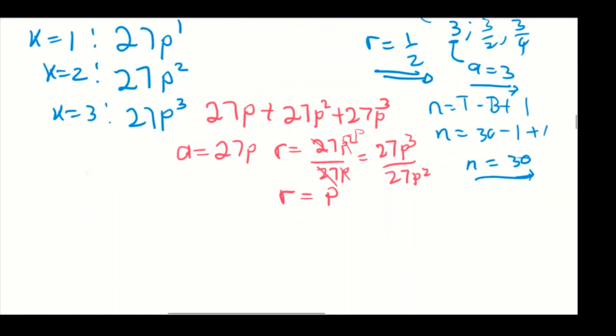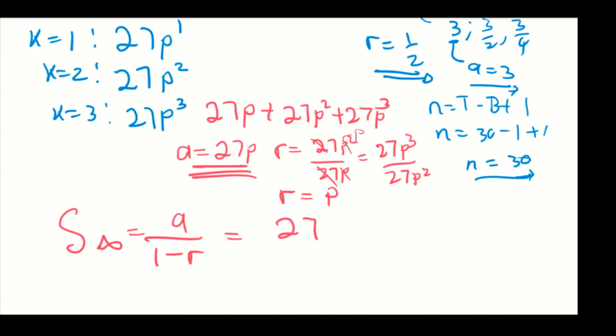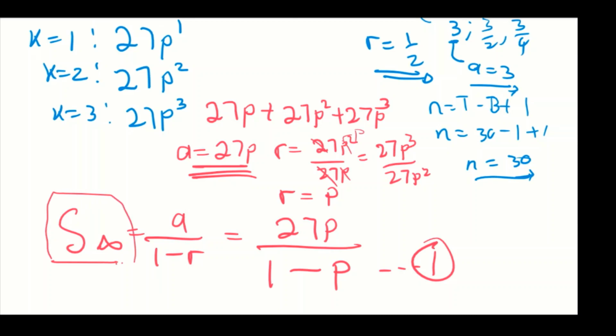So now to find the sum to infinity, which is equal to a over 1 minus r, our a value is 27p, so it's going to be 27p over 1 minus our r, which is p. So this would be your equation 1, the sum to infinity, right? And let's deal with the other portion.